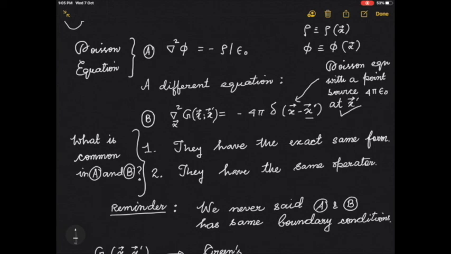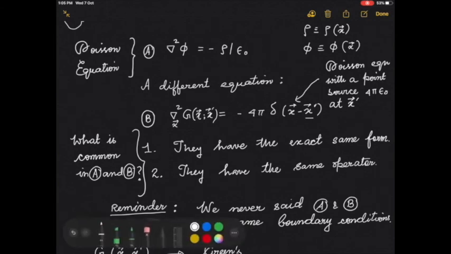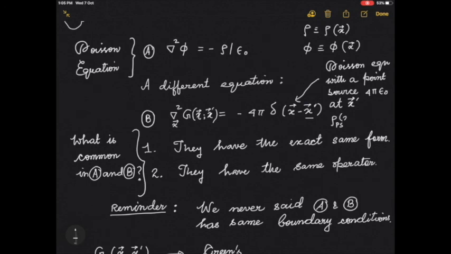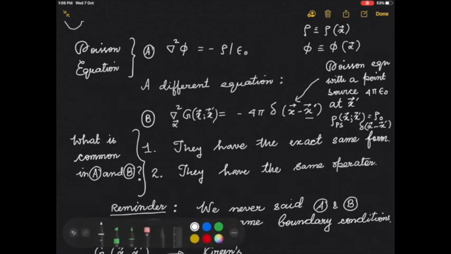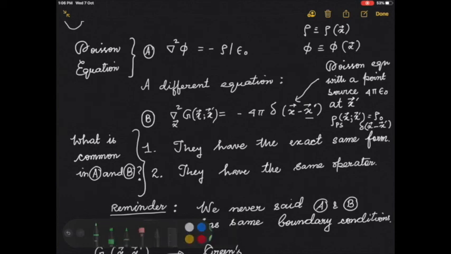And the source is at x prime, because that's in physics how we write a point source density. Rho for a point source at any point x for the source being at x prime is rho 0 times delta x minus x prime, and in this case rho 0 is equal to 4 pi epsilon naught.